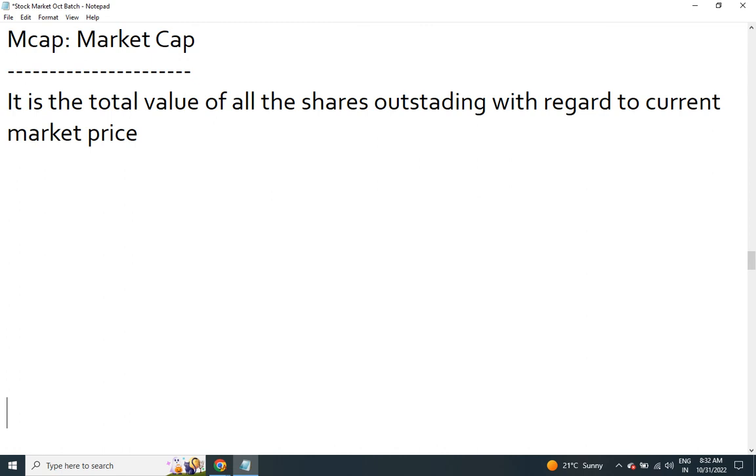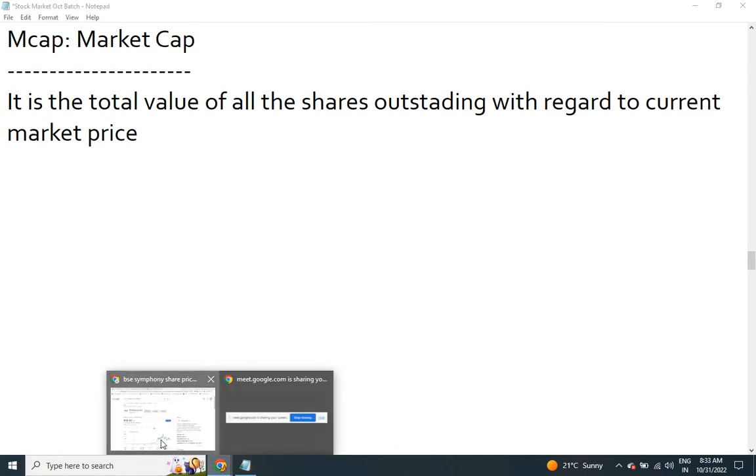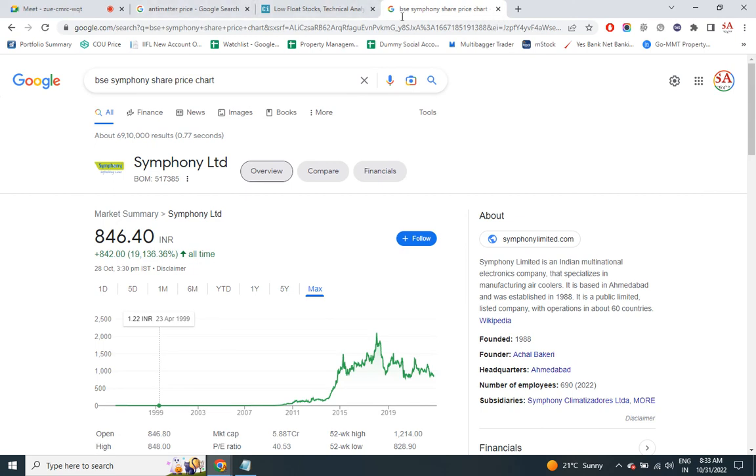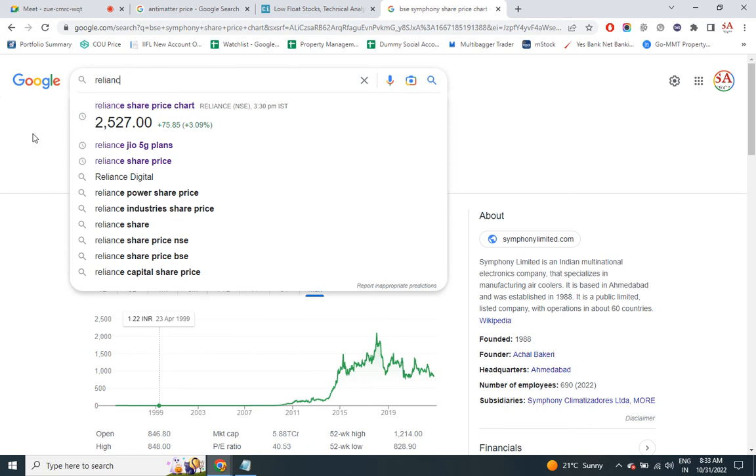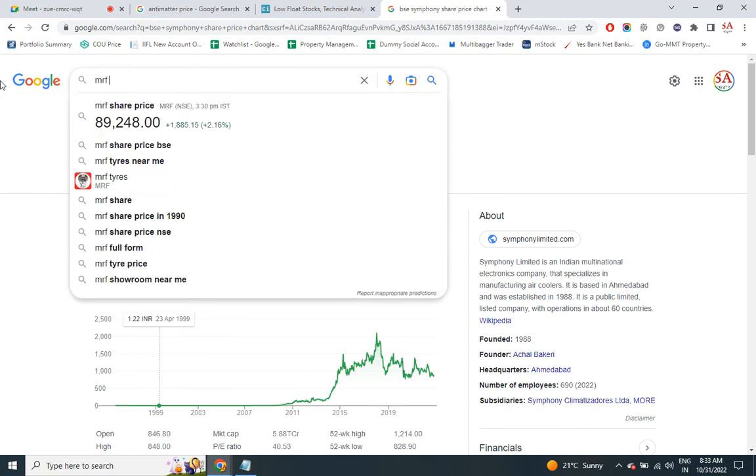Price of MRF Tyres is some 60,000. Let's see. Reliance share price is 2500. MRF share price is 90,000. Reliance is 2000, this is 90,000. Doesn't mean that MRF is so much bigger than Reliance.